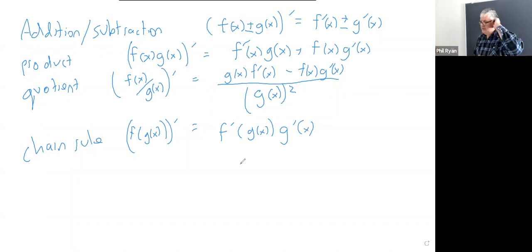So for example, if you have a power on the outside, you bring down the power, subtract one from the power of what you've got, and then you multiply it by the derivative of what's inside. And so with this, we can differentiate any function. So let's just have a look at a few examples.